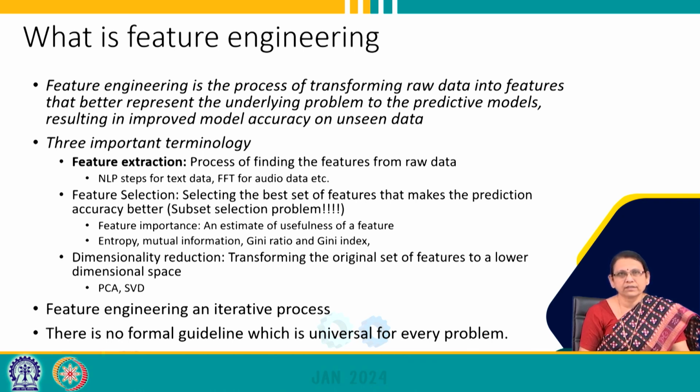So, basically under feature engineering, three important terminologies are discussed. First one is feature extraction, which we are going to cover today. So, it is the process of finding the features from the raw data, and that raw data can be anything, in the sense it can be text, it can be audio, it can be image, or any other format which may not be directly usable by the prediction model that we are going to use.